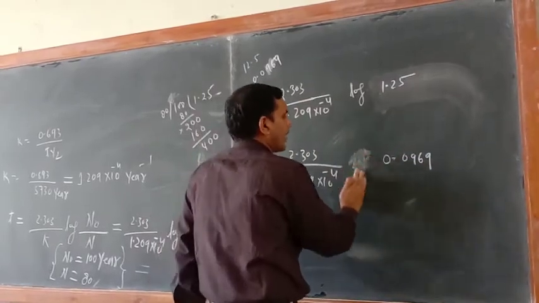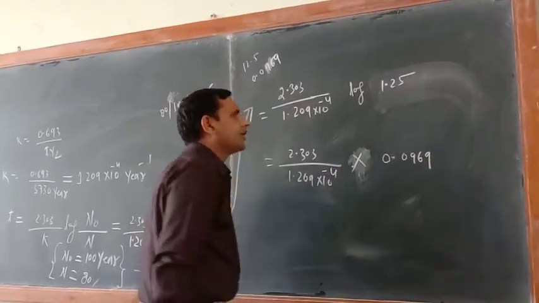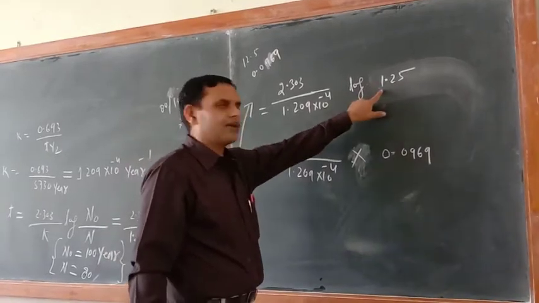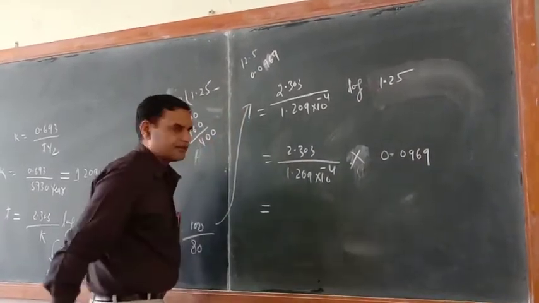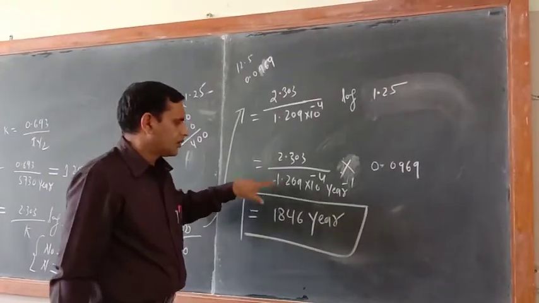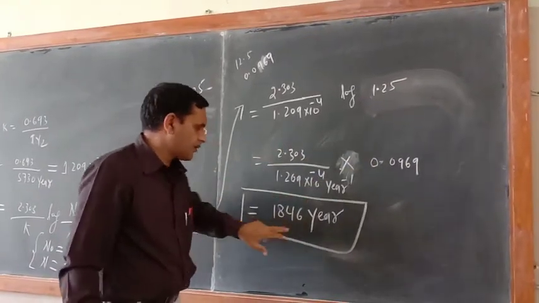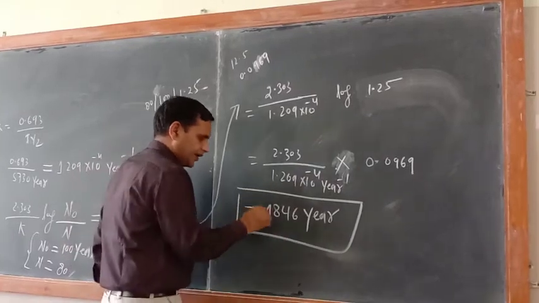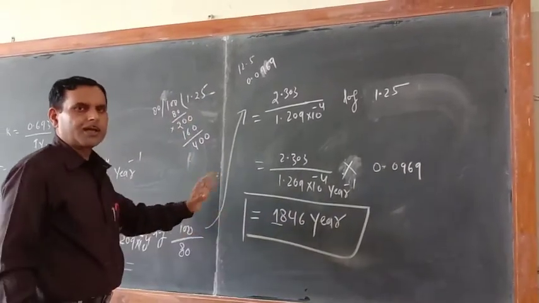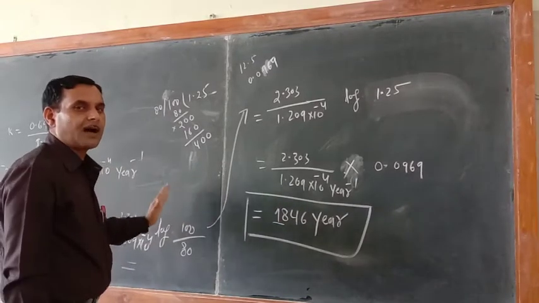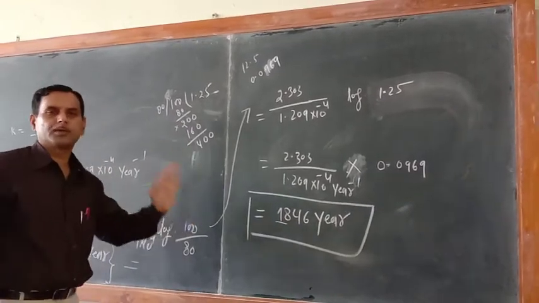Now here log will not come; this is a multiplication. I hope you have got this value also. Now if you multiply these, you will get 1846 years. So this is the time, the estimated age of that sample of wood.